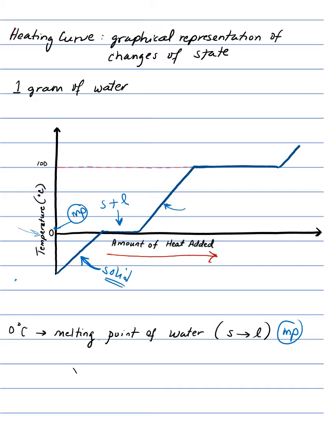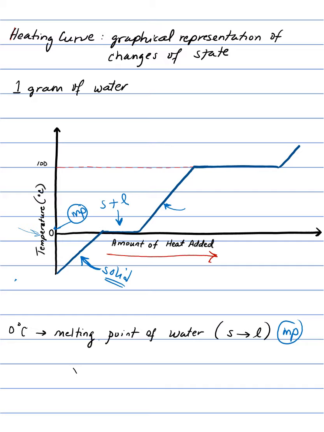So what is happening in that flat line is that the amount of heat that is being added to your 1 gram of water as a solid, it's being used to actually break the attractions that you have in the solid state between the water molecules.